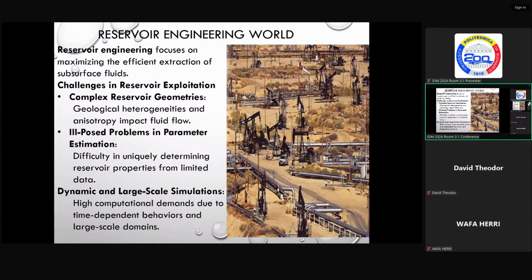So we must work with the challenges in reservoir exploitation, like very complex geometry, and we are talking about large scale simulation. So we need high computational demands due to time dependent behaviors.